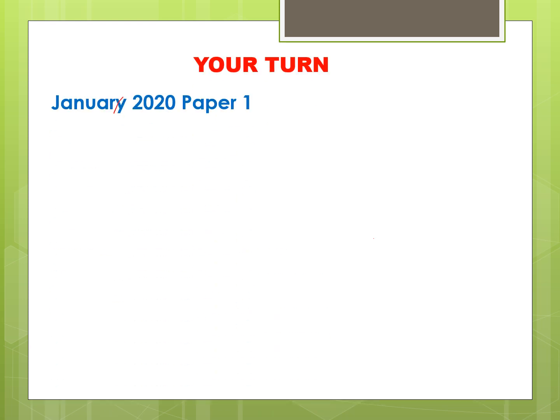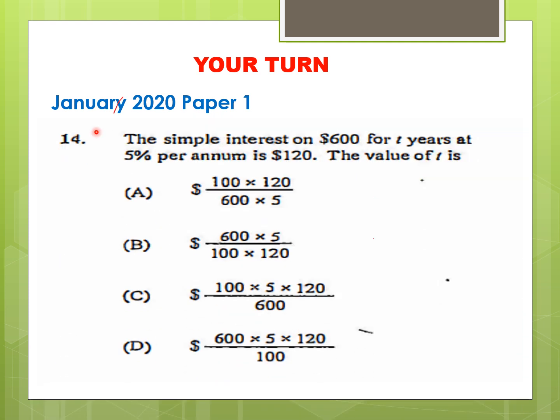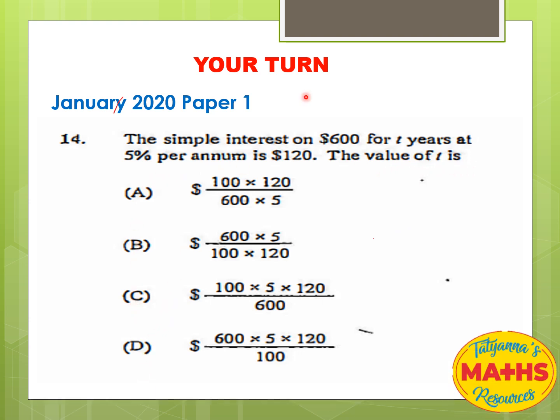It's a multiple choice, January 2020, paper 1. Question 14. The simple interest on $600 for T years at 5% per annum is $120. The value of T is it A, B, C, or D? Looking forward to your answers in the comment below for your 2 questions.